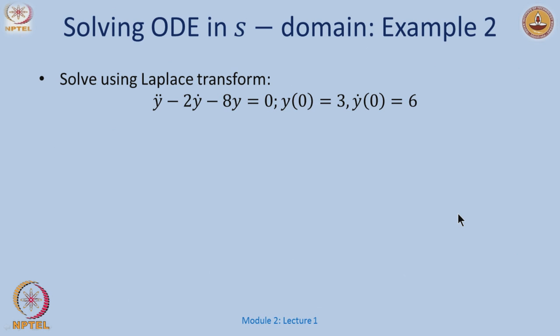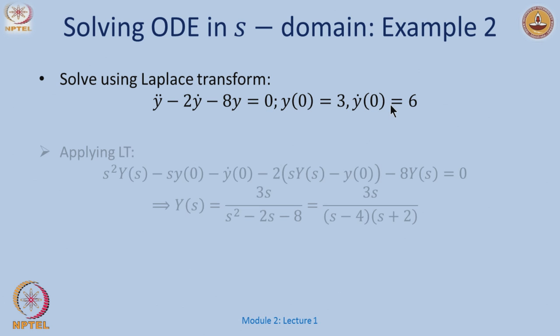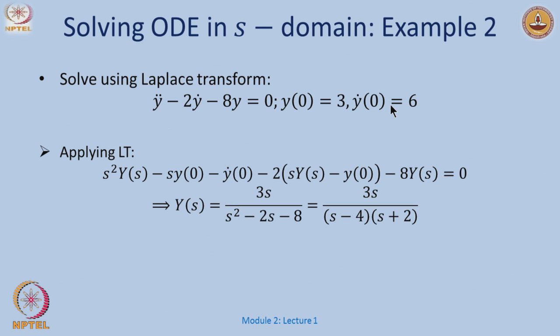Okay. Now, I will do another example with non-zero initial conditions. y double dot minus 2 y dot minus 8 y is 0, y at 0 is 3 and y dot at 0 is 6. Okay. So, the first step would be to write this equation in the Laplace domain. So, this would be s squared Y(s) minus s y(0) minus y dot(0), again with the second term 2 s Y(s) minus y(0), and the third term minus 8 Y(s) is 0.